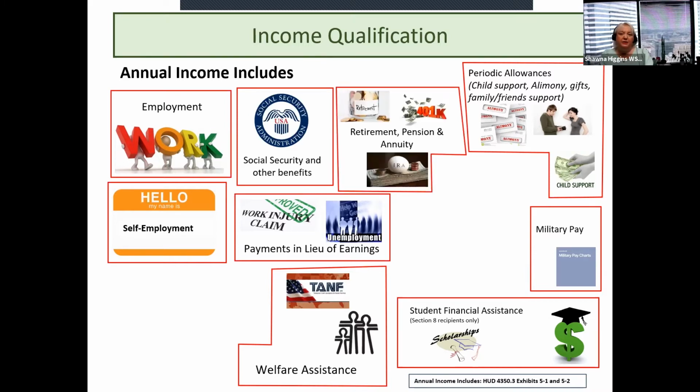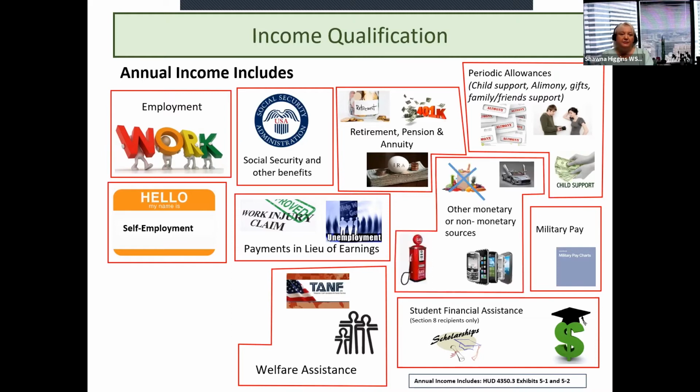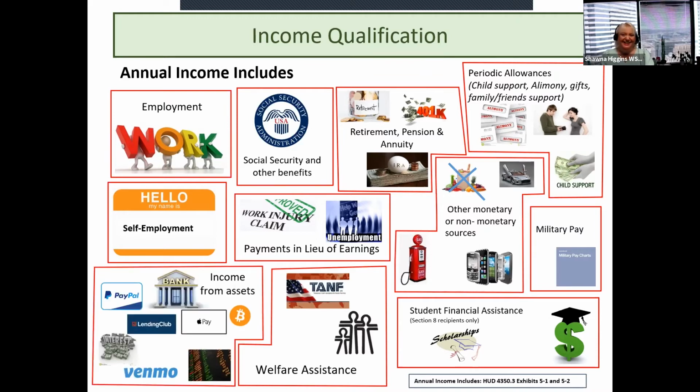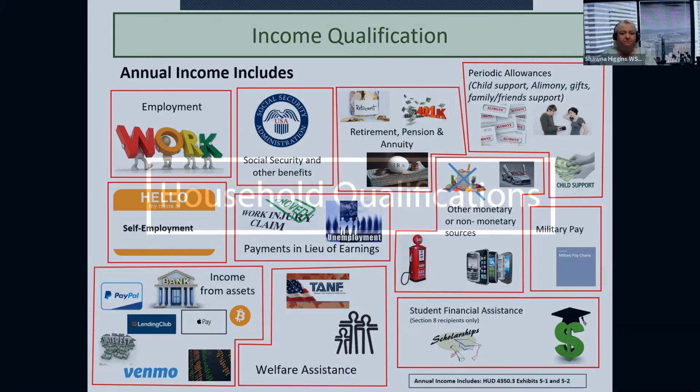You've got retirement, pension, annuities, other monetary or non-monetary sources. For instance, there's that gas again. And then income from assets. Say you have a Venmo account that's collecting interest, or you have a savings account in the bank and it's collecting interest.